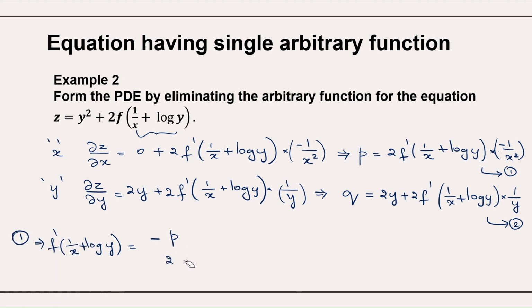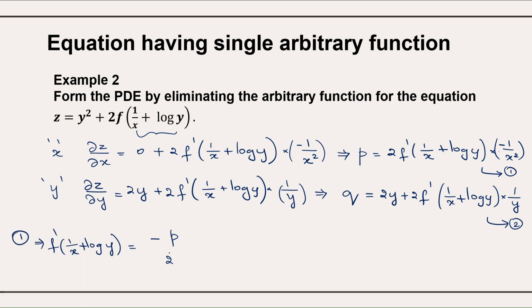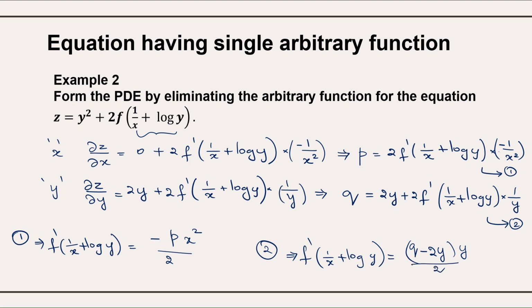Sorry, it is not minus; this is p divided by 2 into x square. Again, from equation 2, f dash of 1 by x plus log y is equal to q minus 2y, into y divided by 2.